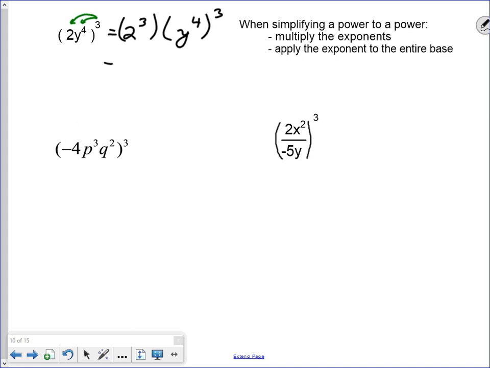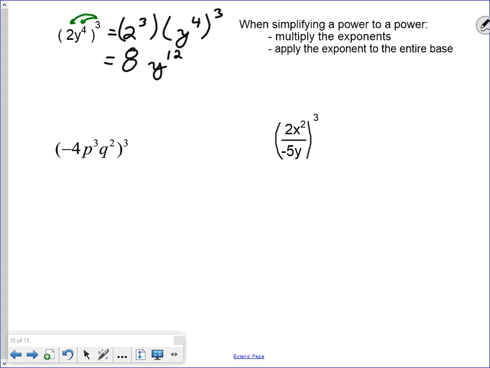Now, 2 to the power of 3, we know is just going to be 8. Y to the power of 4 to the power of 3, we know we need to multiply the exponents. Y to the power of 12. Okay, so everything inside those brackets gets raised to the power of 3.